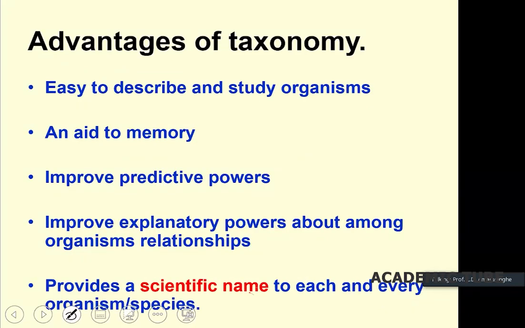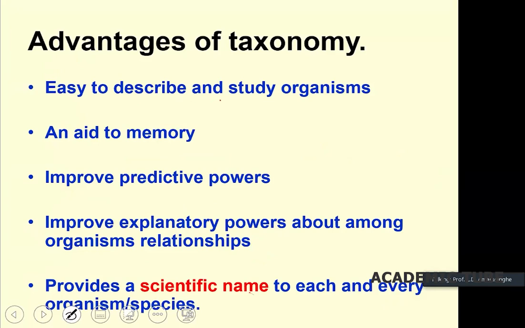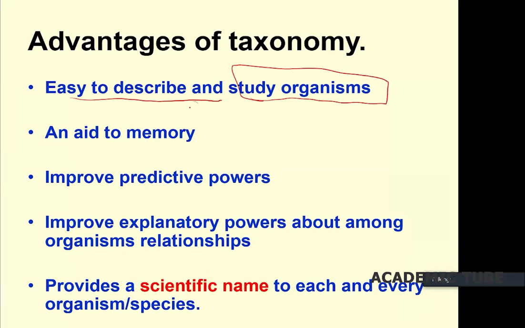So the advantages of taxonomy. Why do we do this? Why do we learn animal taxonomy? Why do we learn animal systematics? That is to make it easy for description and the study of organisms. Then it will also help in memorizing the individuals.